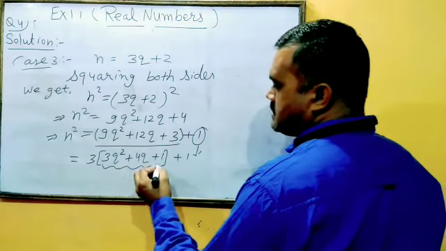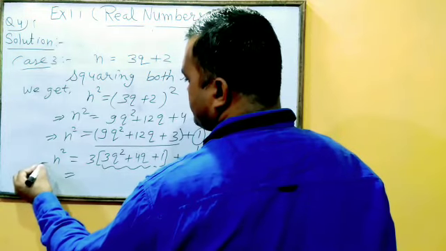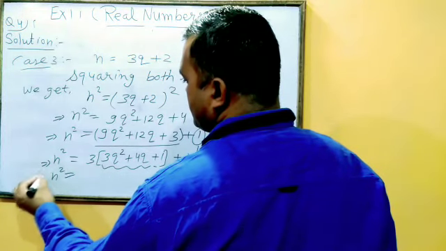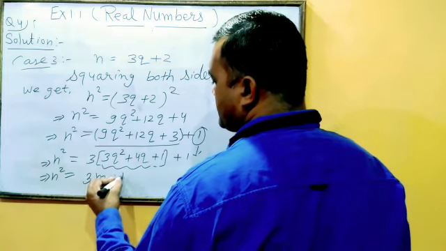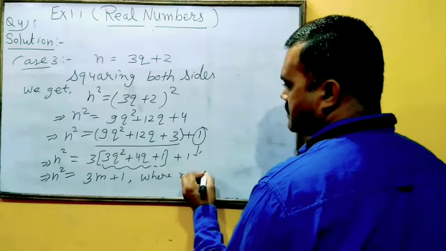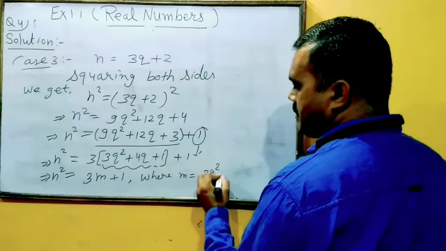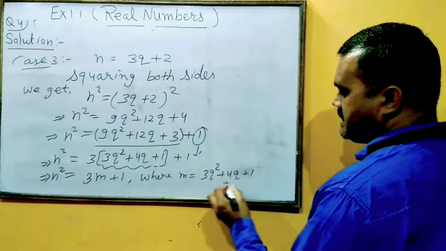So this is some other integer, or n square is equal to 3m plus 1, where m is equal to 3q square plus 4q plus 1, some integer.